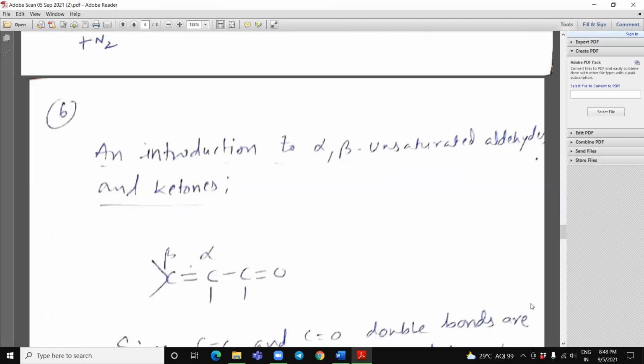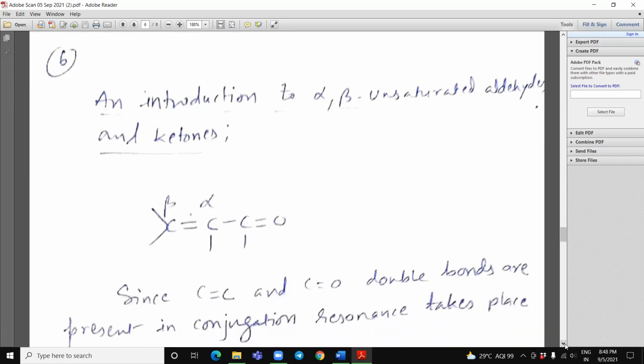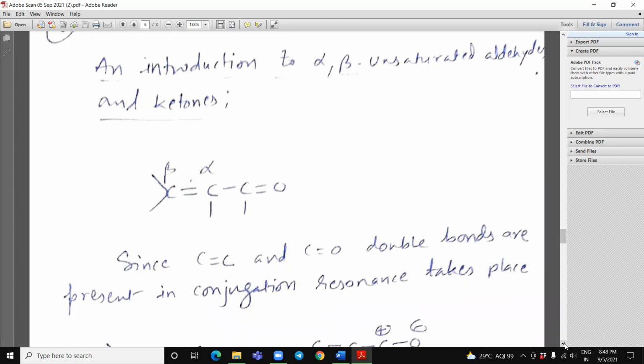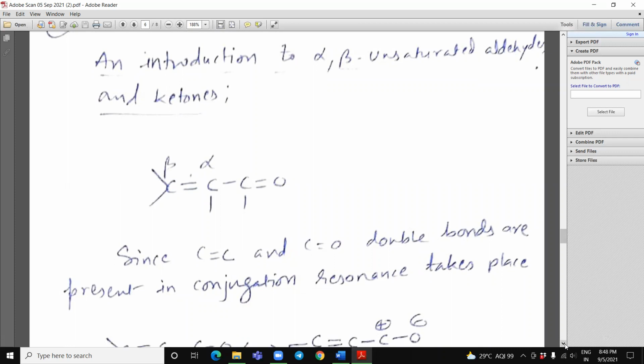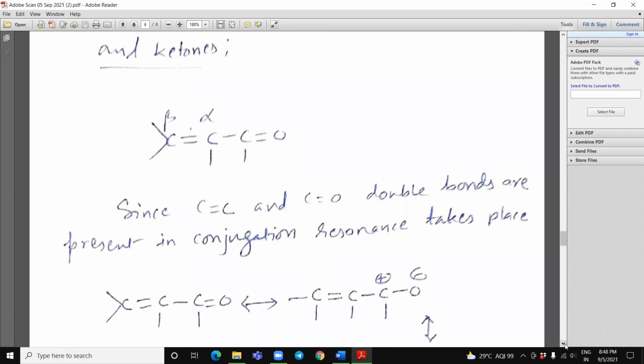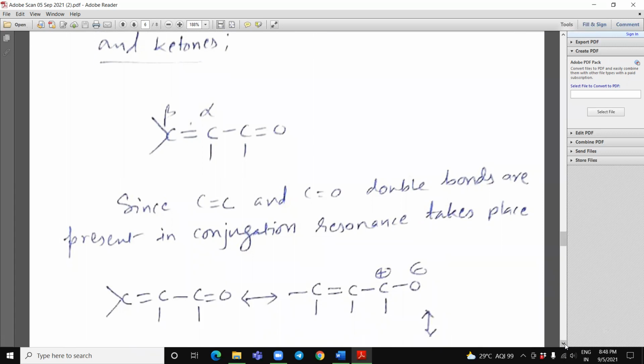Now, alpha beta unsaturated ketones or aldehydes. These give electrophilic addition and nucleophilic addition reactions. Since they contain a carbon-carbon double bond and a carbonyl C=O double bond in conjugation, resonance takes place.